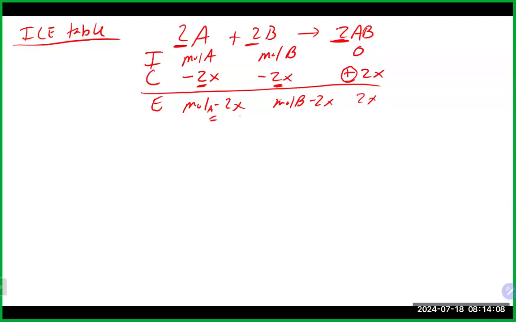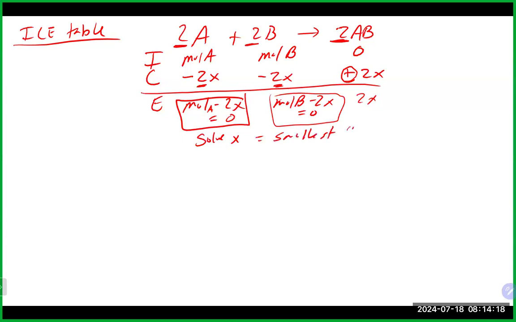And to determine our limiting reagent, we set each of the reactants equal to 0 and solve for x, and the smallest x is your limiting reagent in that case. The nice thing about this, as we saw last time, is you can then very quickly solve for anything you're asked for: how much of any product you're making, how much of the excess reagent is left over.